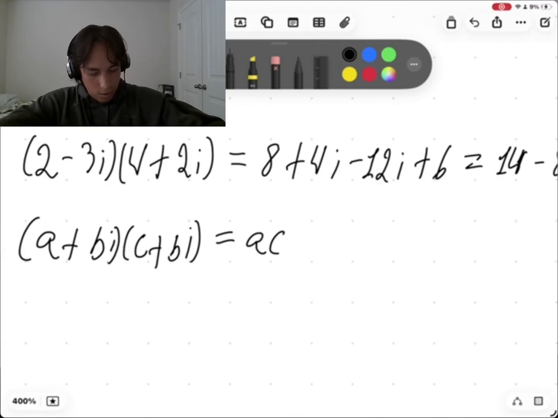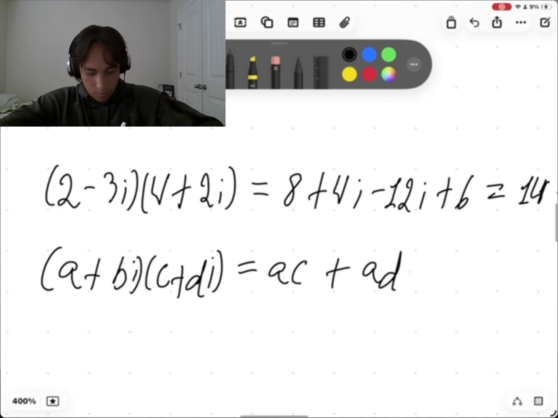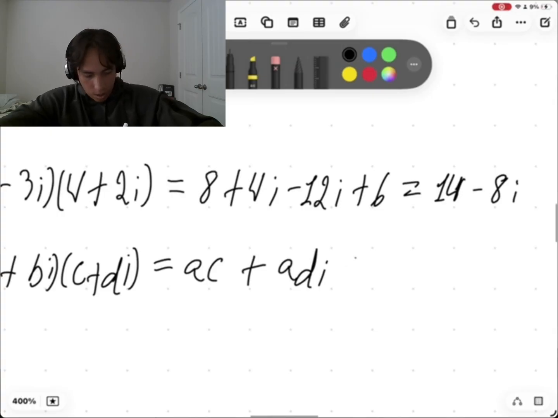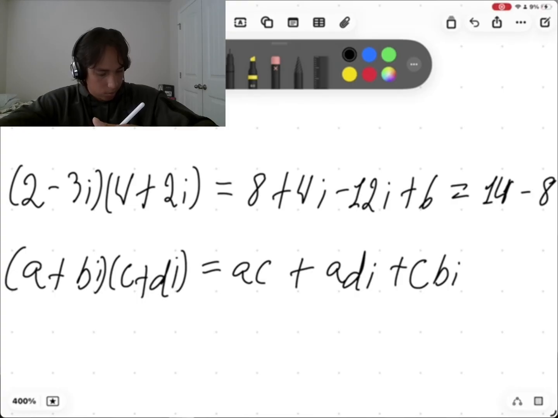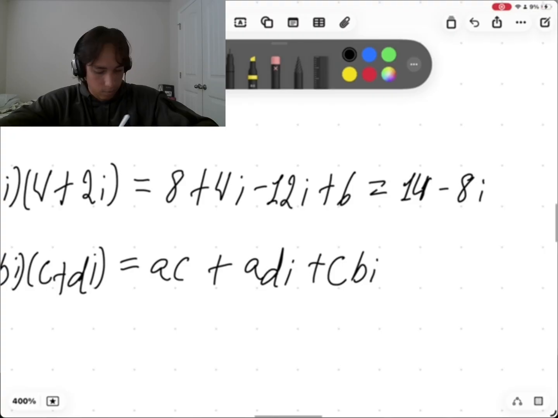This becomes AC plus ADi, plus CBi, minus BD.